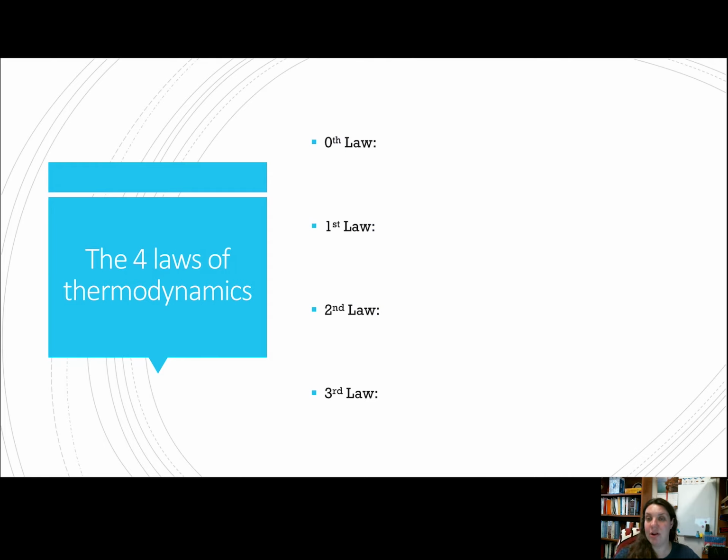Our 0th law is our very first one that we look at, oddly enough, and it's that two objects in contact with each other at different temperatures will become the same temperature as they equilibrate, called thermal equilibrium.